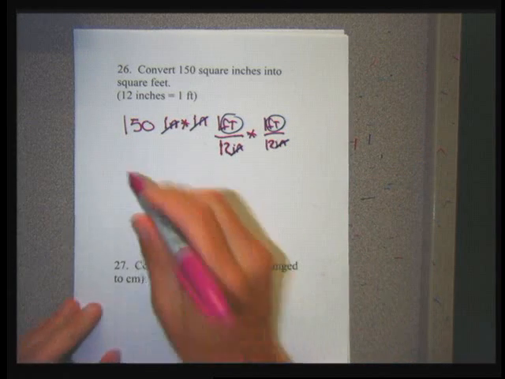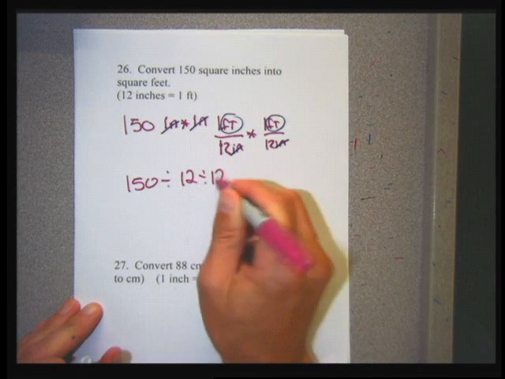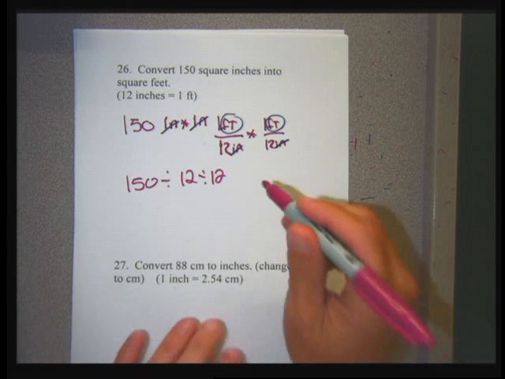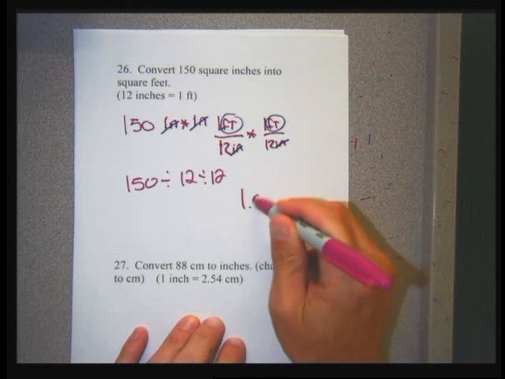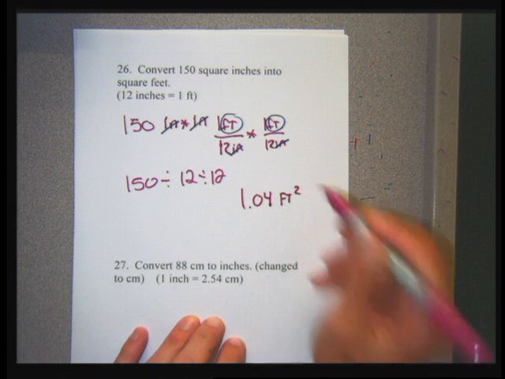What I have to do is go 150 divided by 12 divided by 12 on my calculator to get the numbers. Because the 12s are in the bottom, I have to divide. And I get 1.04 rounded to 2 decimals. So I'm going to write 1.04 for my number. And units are feet times feet, which is feet squared.